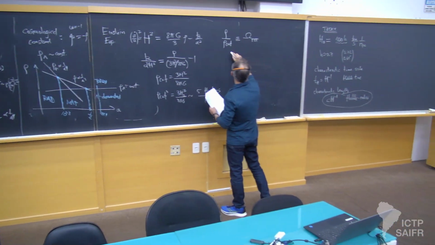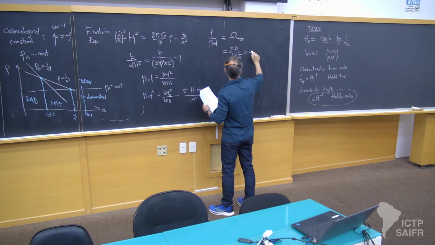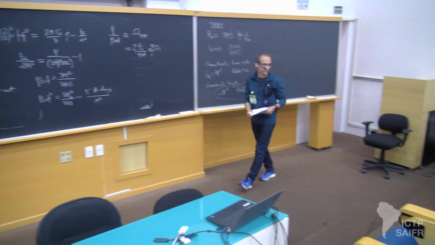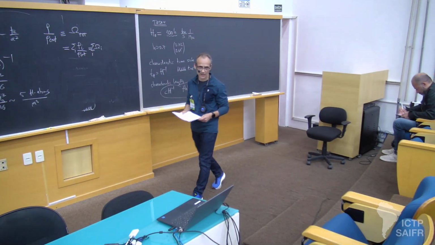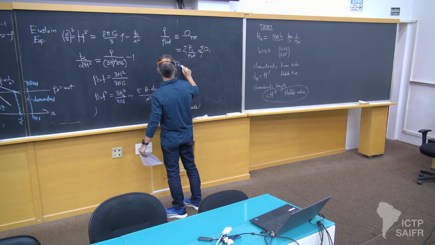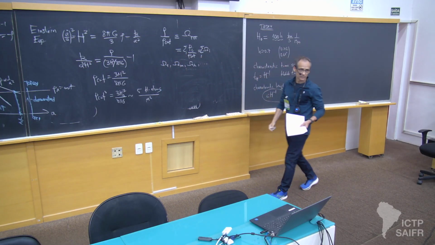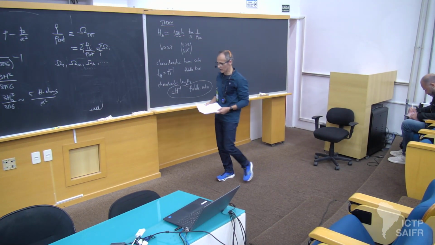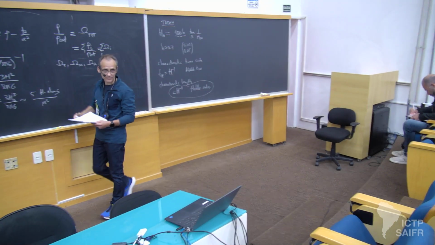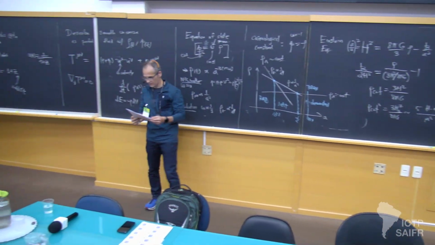And so you can write this as a sum over all components in the universe, and each of them will have its omega, okay? So we will have omega matter, omega radiation, and these are functions of time. Okay, and one of the main jobs of a cosmologist is to figure out what all these numbers are, what are the constituents that source the expansion of the universe.